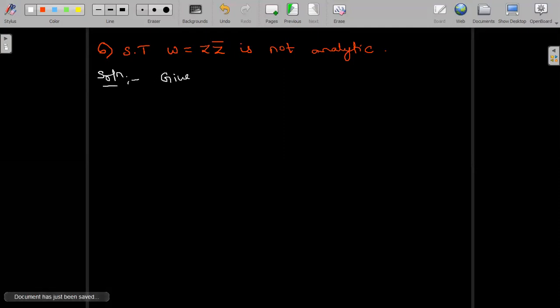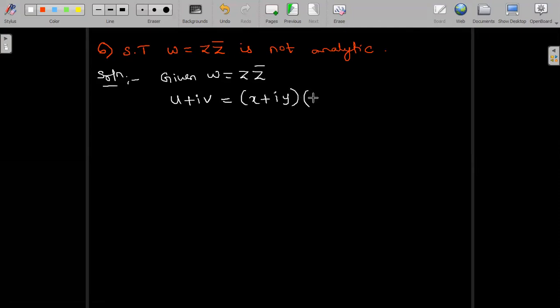Given w is equal to z into z bar. Let us substitute w as u plus iv, and z in the Cartesian form is x plus iy multiplied by x minus iy. Using the product a plus b into a minus b, this gives a square minus b square, that is x square minus iy the whole square.